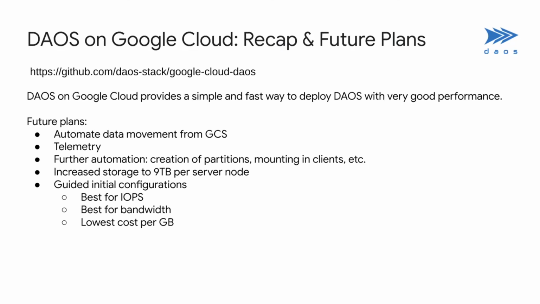In the future, we want to automate data movement to and from GCS, right? Today, you can do it, but it's not as automatic. We want to get tiering as first-class support. We want to add telemetry, potentially integrating with our cloud monitoring offering.